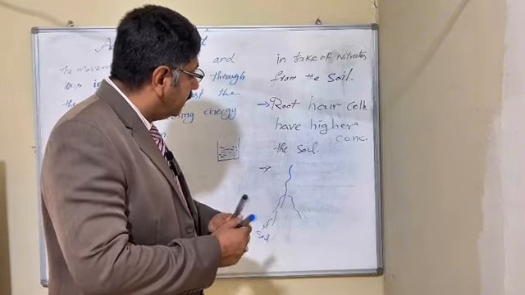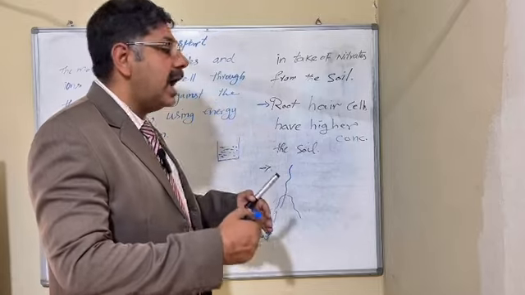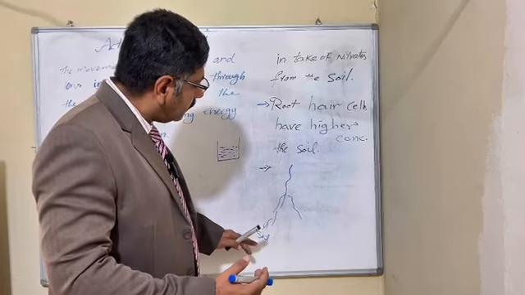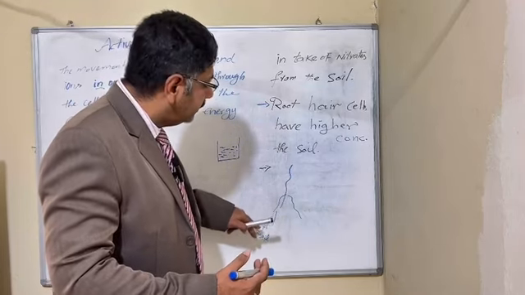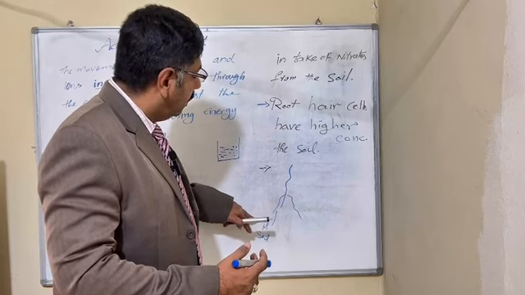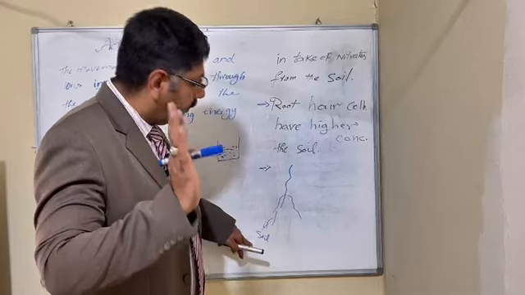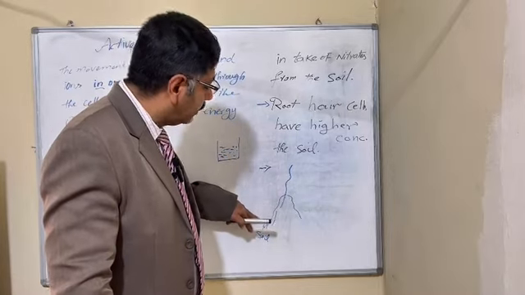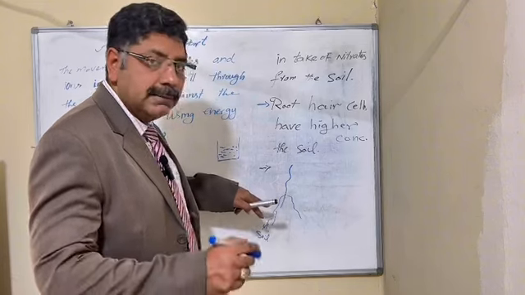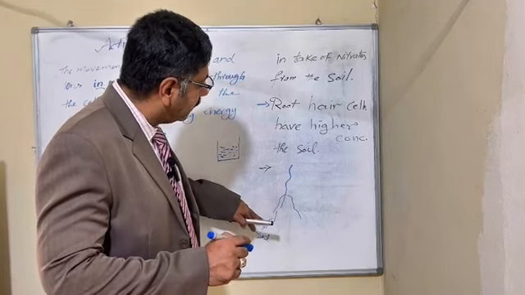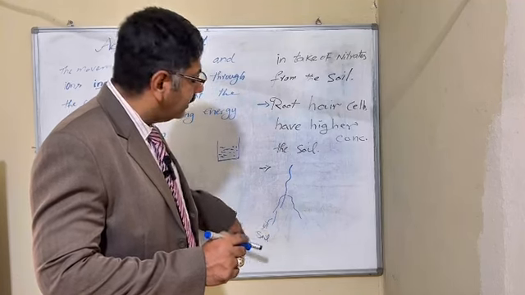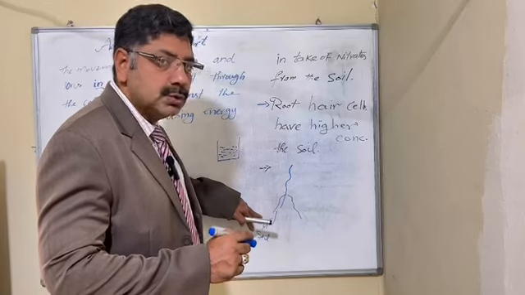But still the root hairs need nitrates, so they will absorb these nitrate ions from the soil into the root. A higher concentration of nitrate ions is there in the root hairs, but still plants need nitrates, so they will absorb.